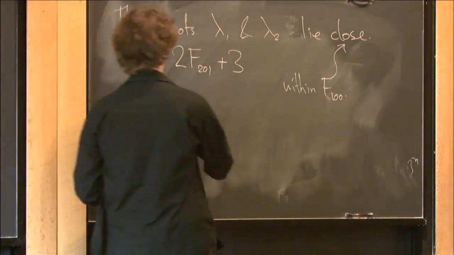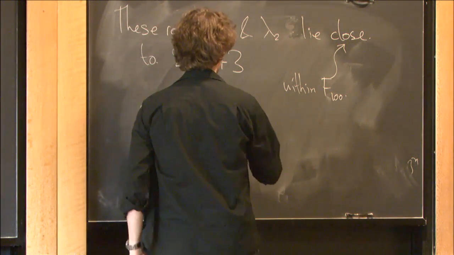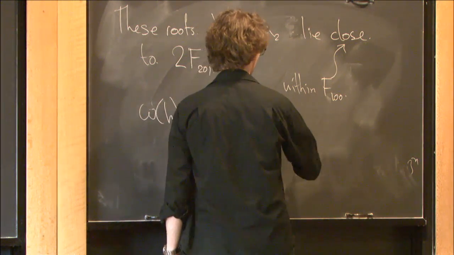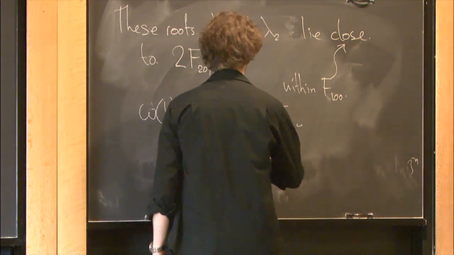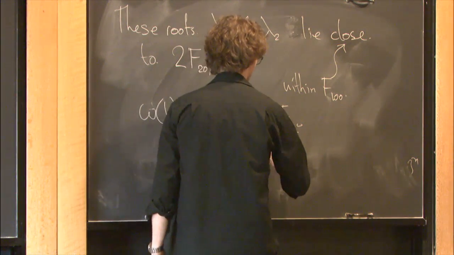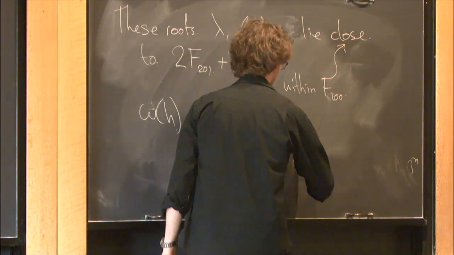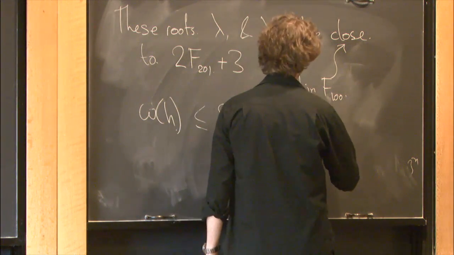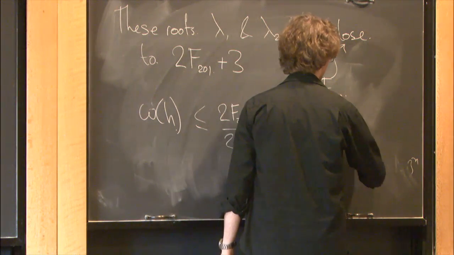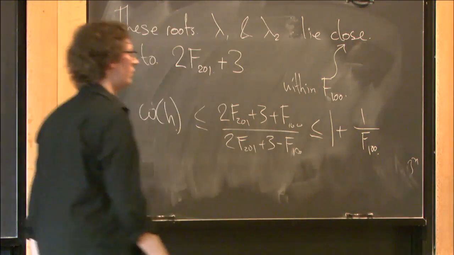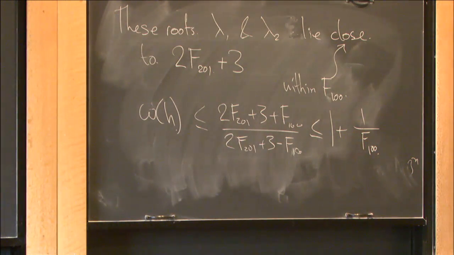So this is bounded above by, I just need to overestimate things, and I need to underestimate things, and I need to do this division. And in this case, this is less than 1 plus 1 over the 100th Fibonacci number.